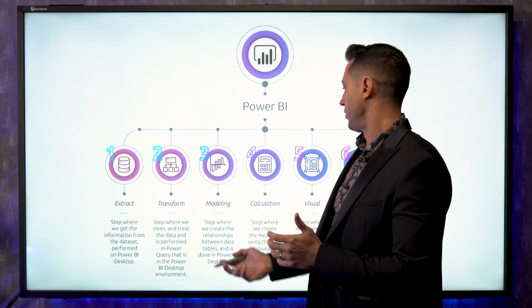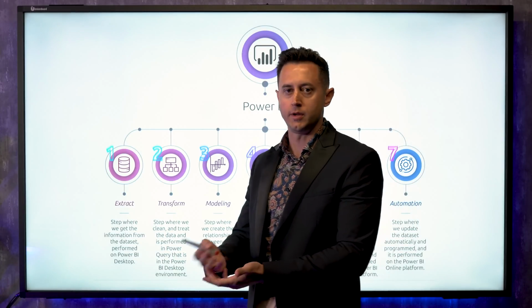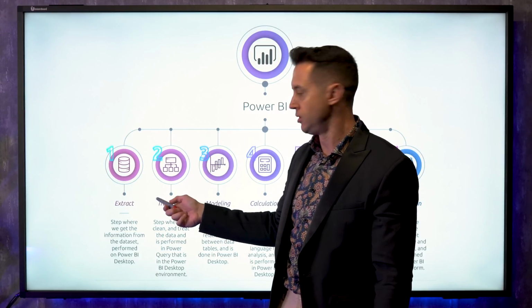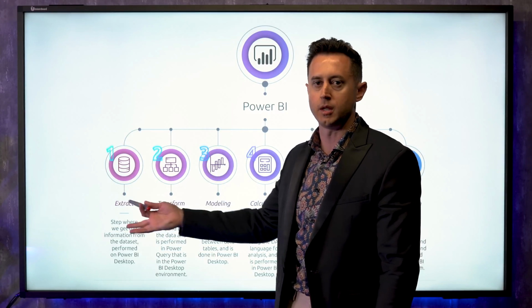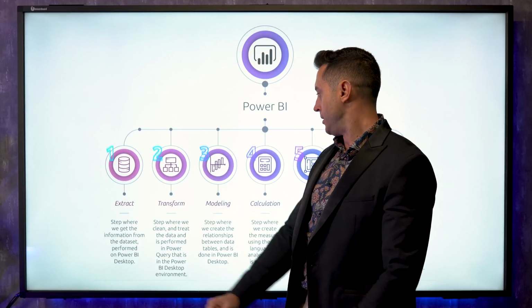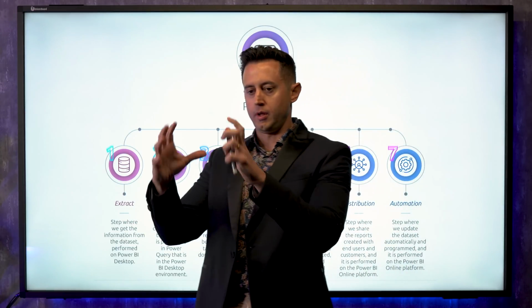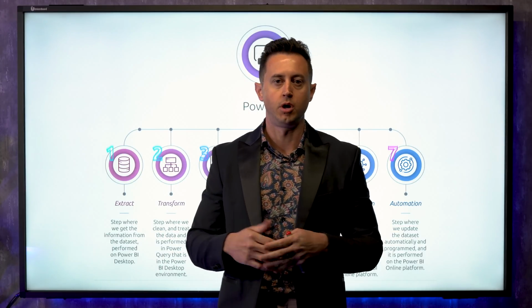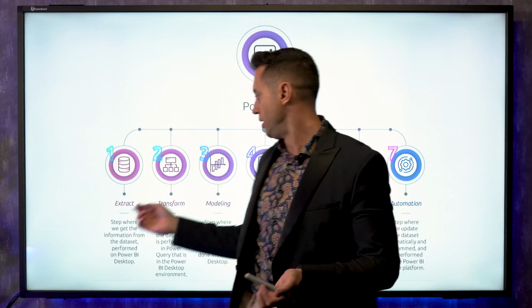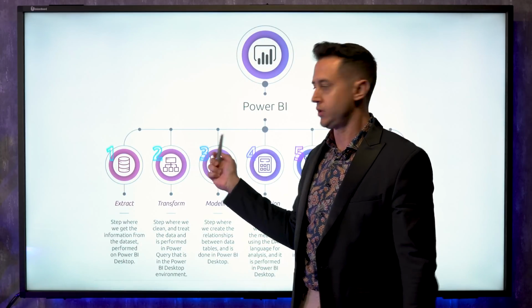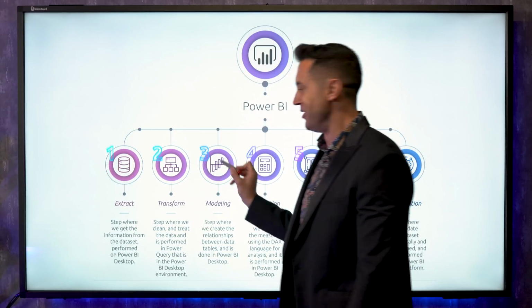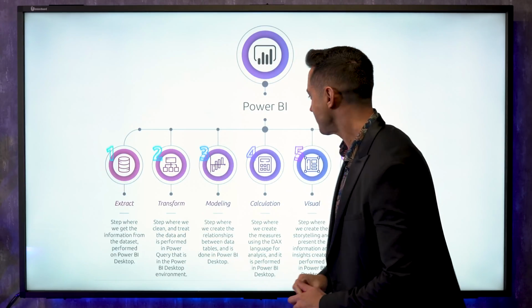When you are creating your data model, many times you have to go back to the transformation phase and transform the tables again. For example, in order to build a lookup table, sometimes you have to join tables or maybe split tables. This process is not linear. You can go back as many times as you want.